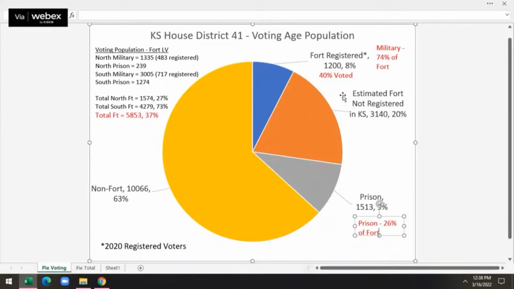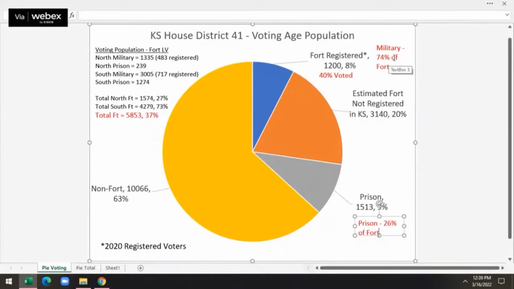What I'd like to illustrate here is that the military on the base is 74% of the fort, and the fort represents 2 precincts. And then the prison, this would be the federal penitentiary, as well as a federal prison camp that's on the fort, represents 26% of the fort population.